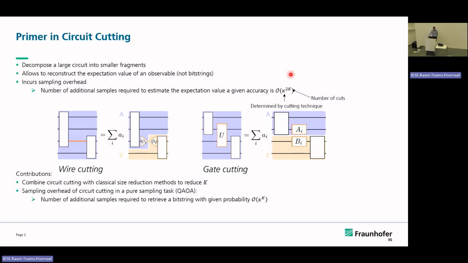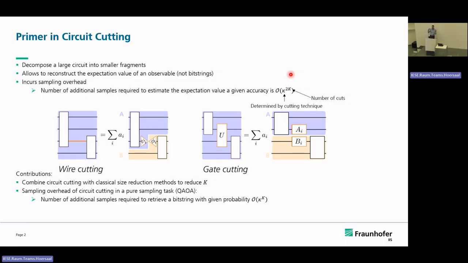We were able to show that you can actually apply circuit cutting to a pure sampling task, and for this, of course, we took QAOA sampling solutions from a QAOA. From a QAOA perspective, you could easily use the existing techniques for parameter optimization, because there you want to evaluate the expectation value, and you can do this with circuit cutting if you like.